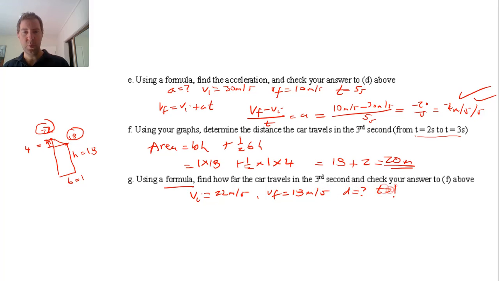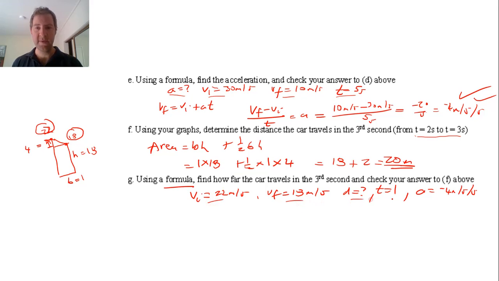I've got my time as 1. I've got acceleration equals negative 4 meters a second squared. There's so many formulas I could use because usually, if you look at this question, you've only got 4 things, right? So you're limited on what you can choose. Because I've now got so many things, I can choose any of the formulas as long as there's a displacement in it.